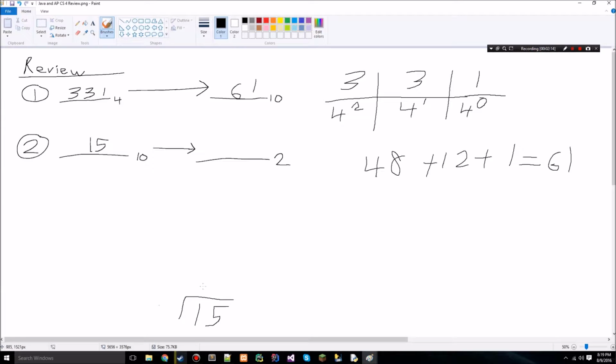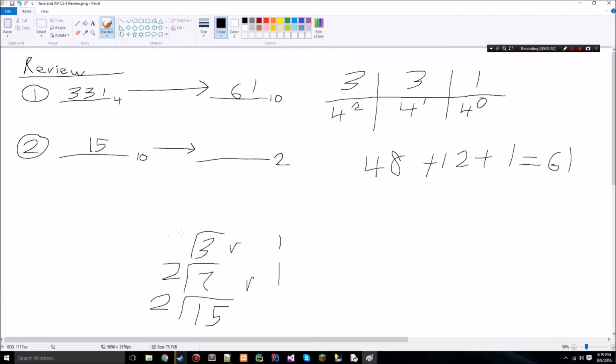Divided by 2, that gives us 7 with a remainder of 1. So 7 times 2 is 14, plus 1 is 15. And then divide by 2 again, and we get 3, remainder 1.